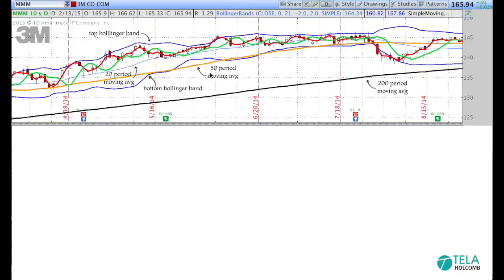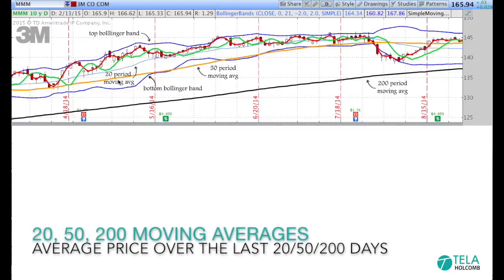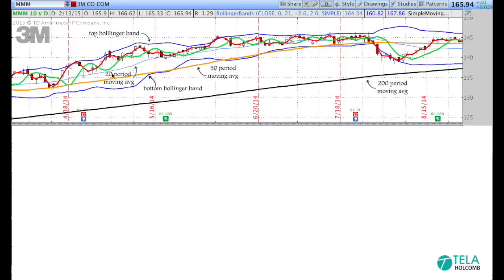The other indicators I want to point out here at the top are the 20 period moving average line, the 50, and the 200. And you'll just simply hear me referring to them as the 20, the 50, and the 200. I like to think of these three as an army. So your 20 period average line is going to be this thin blue line in the middle of your candles.